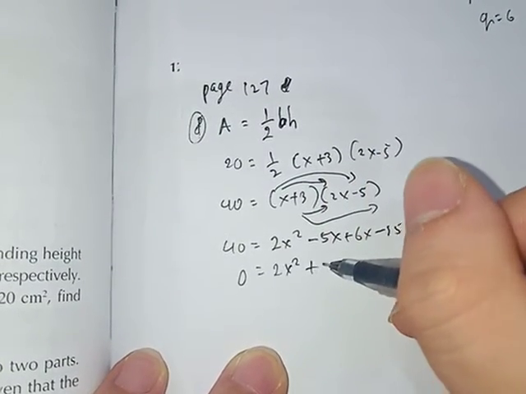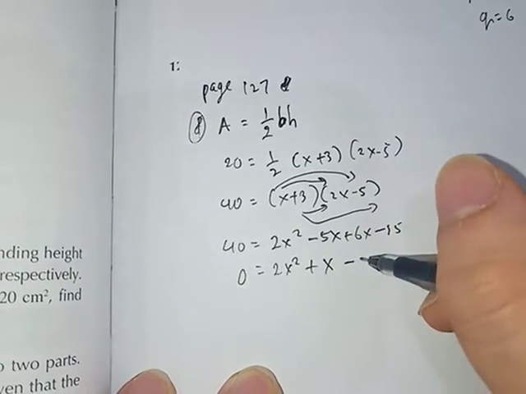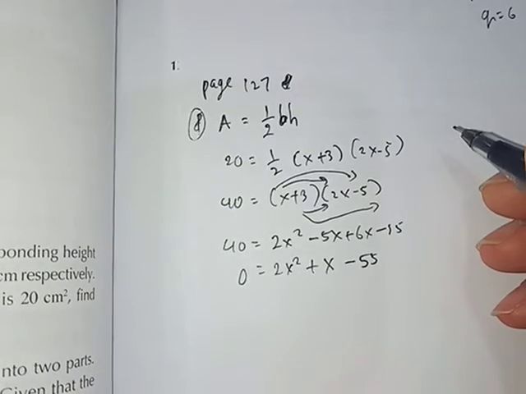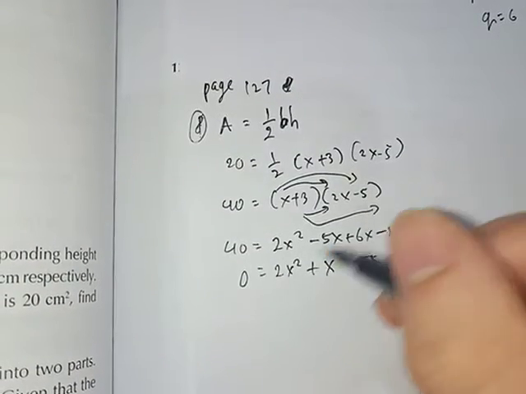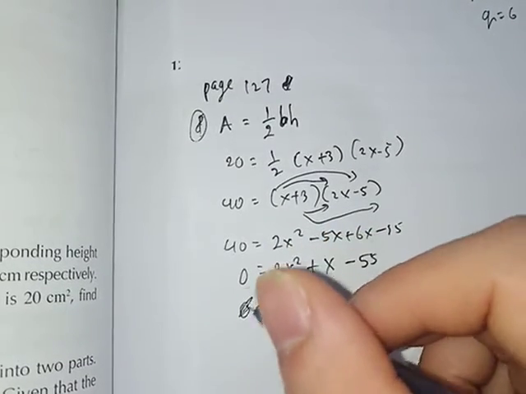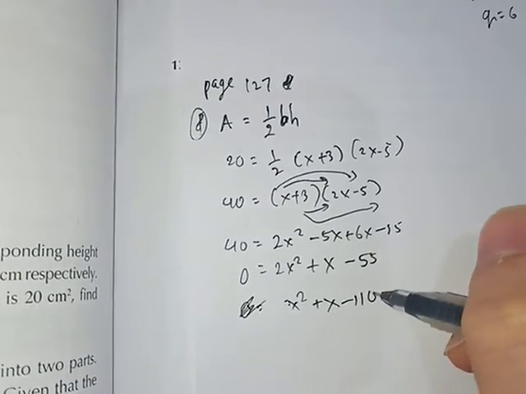And then remember to leave one side as 0. So 2x squared plus x, because minus 5x plus 6x, and then minus 55. Okay. And then let's factorize this. Again, what I will do is I will times the 2 to the back, so it becomes x squared plus x minus 110.